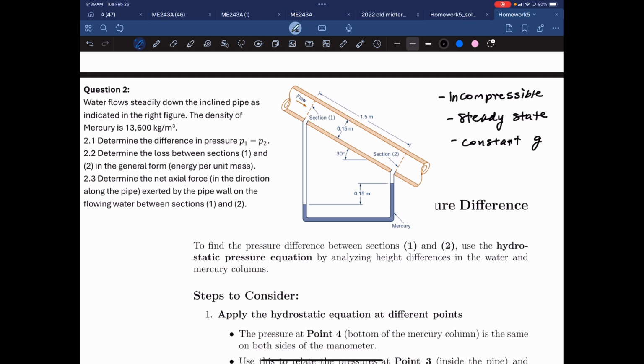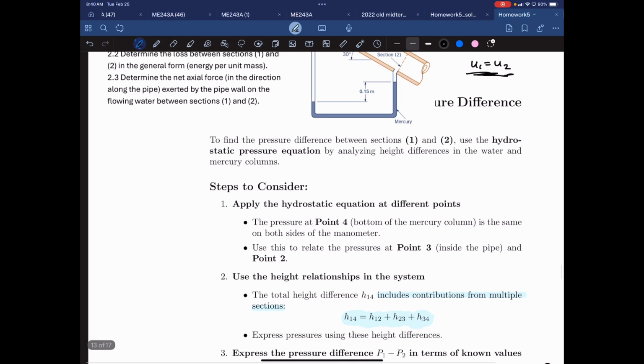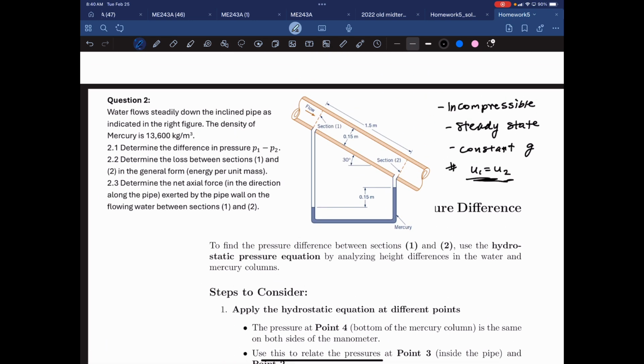So for 2.2, we have the Bernoulli equation, and we use the continuity relationship that U1 equals U2. We continue using that in 2.3 with the conservation of momentum in the axial direction, but important to note for number 2.